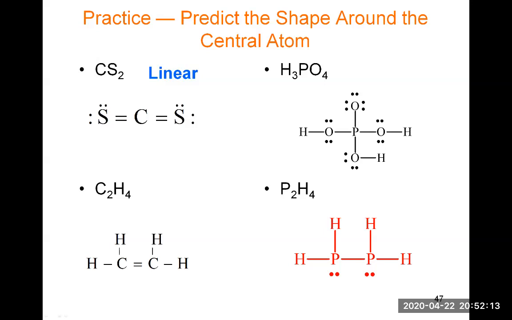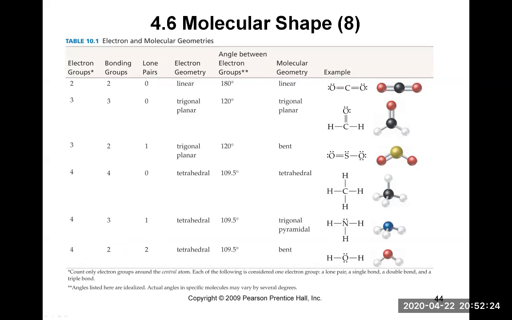So let's look at the table. According to the table, when we have 3 electron groups, which are 3 bonding groups, and we have 0 lone pair, it's the second line. It says we have a trigonal planar electron geometry and also a trigonal planar molecular geometry.